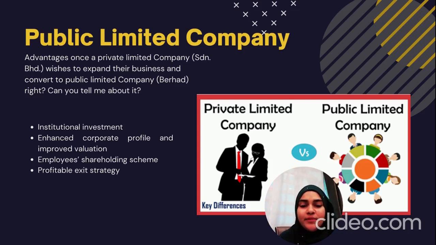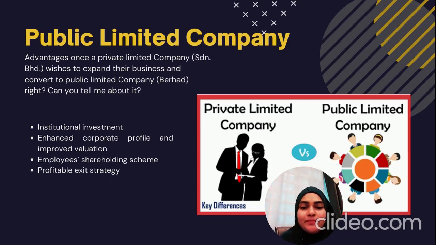Most of the regulations for a private limited company apply to a public limited company except, first, the company's shares can be sold to the public as an alternative to raise funds. Strict compliance such as holding an annual general meeting and filing an audit report is compulsory.